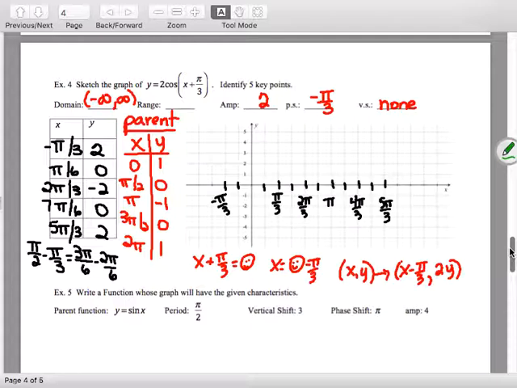Please label every other tick for me. Again, I went by pi over 6's, so every 2 is a pi over 3. 2 pi over 6 is pi over 3.